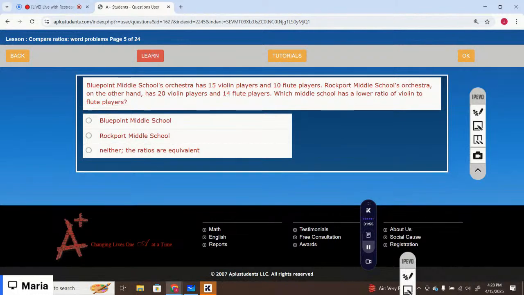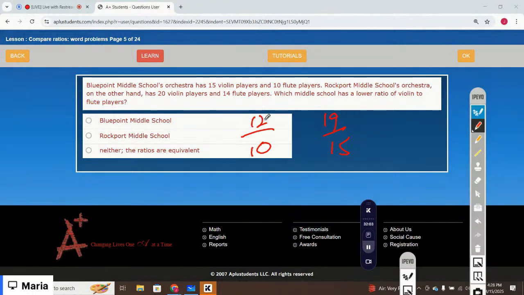Blue Point Middle School's orchestra has 15 violin players and 10 flute players. Rockport Middle School's orchestra, on the other hand, has 20 violins and 14 flute players. Which middle school has a lower ratio of violin to flute players? So, which is the correct option?